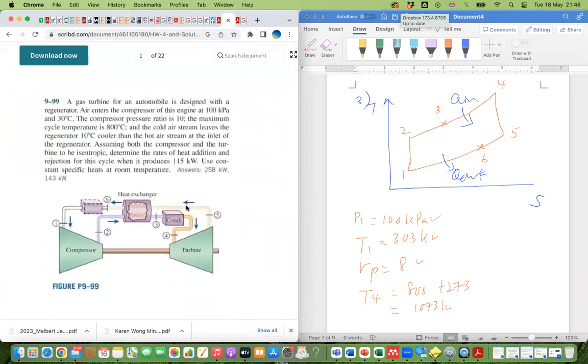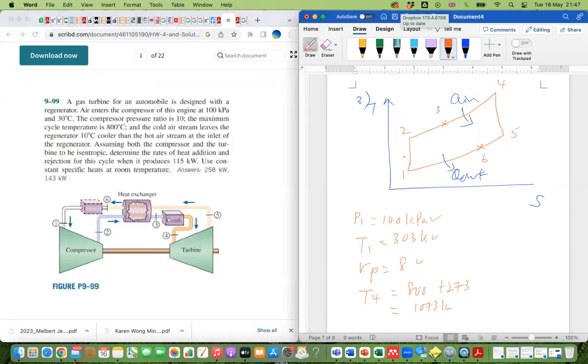Okay, so if you're not familiar, you can draw this TS diagram out. So the first thing is isentropic compression, 1 to 2, 2 to 4. We first draw the simple Brayton cycle, 1, 2, 4, 5. And then in the middle, it's a cross.